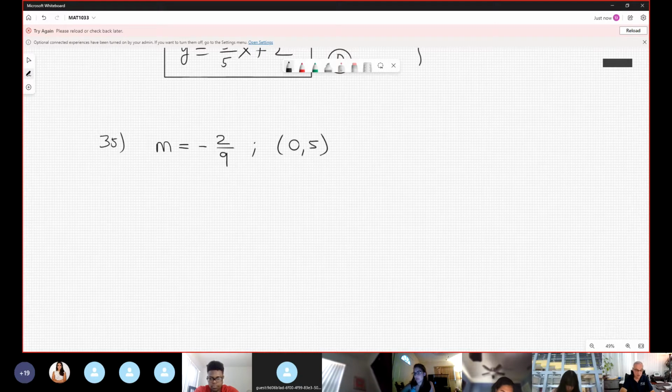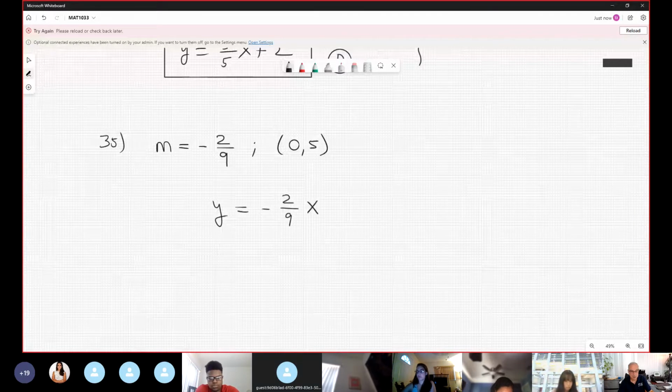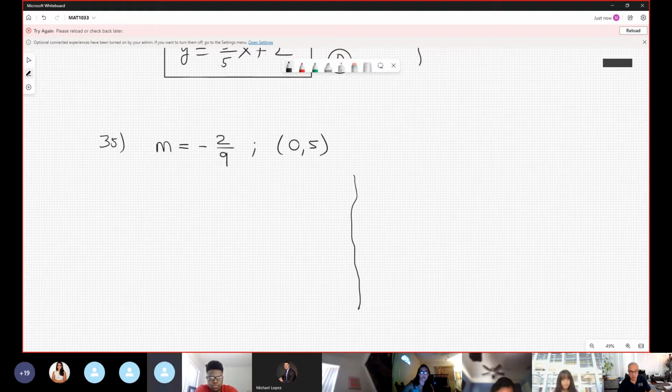What is the equation for this line, guys? Y take away 5 is equal to -2/9 x, x take away 0. Traditional way or shortcut? I was doing the traditional way, but go ahead.